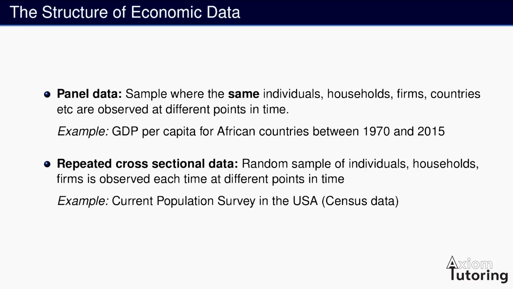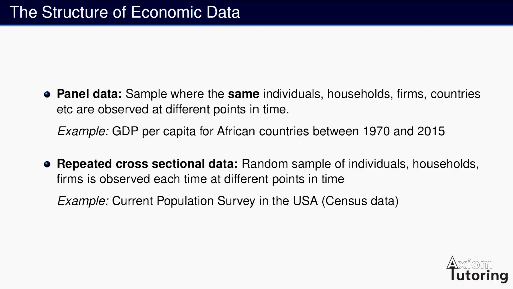So unlike the previous example, where we were just looking at the UK unemployment rate over time, here we're not just looking at the UK, but we have a series of countries, and we observe that variable, let's say GDP per capita, for many units over time.